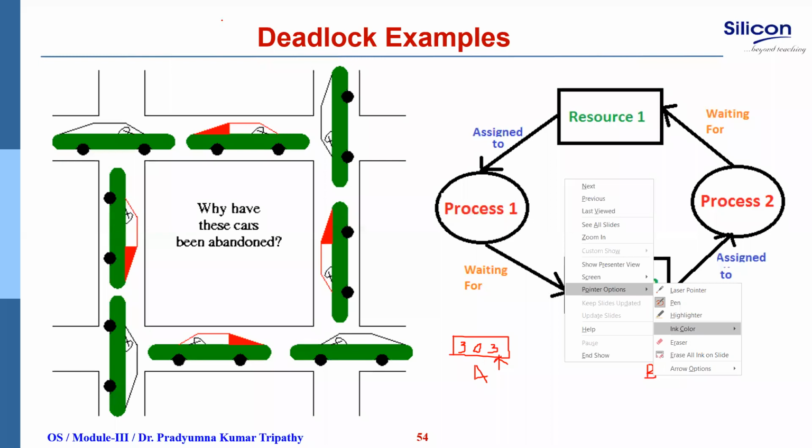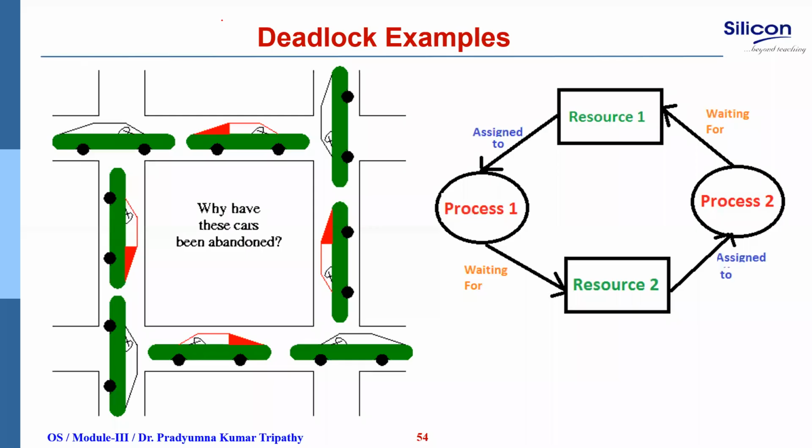There are some resources in your system. Which are resources? Memory, hard disk, your tape drive, your CPU cycles. Printers, these are all resources. And we are running several processes in our system.